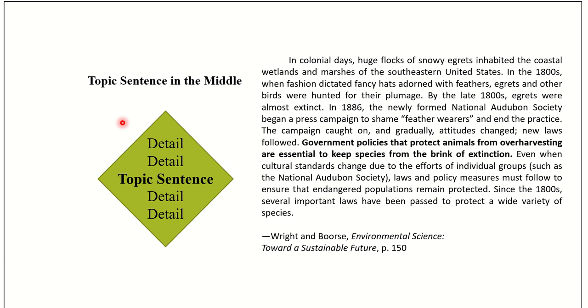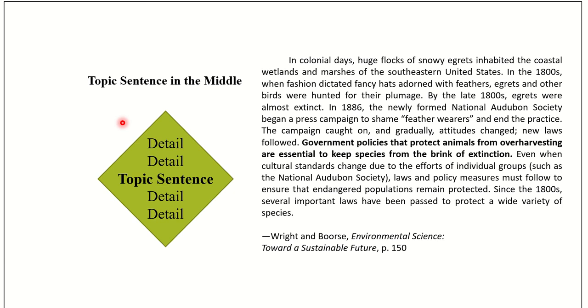In 1886, the newly formed National Audubon Society began a press campaign to shame feather wearers and the practice. The campaign caught on and gradually attitudes changed. New laws followed. Government policies that protect animals from overharvesting are essential to keep species from the brink of extinction.